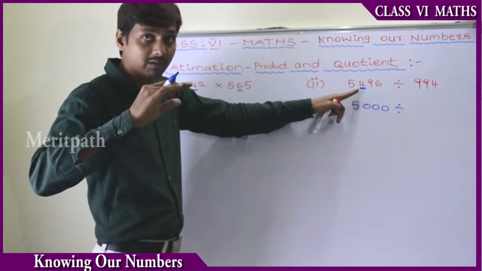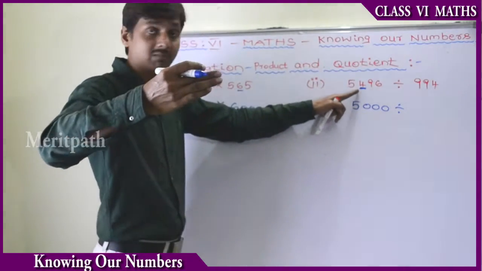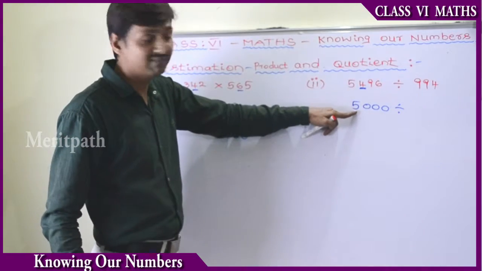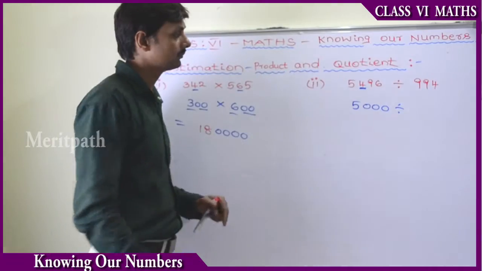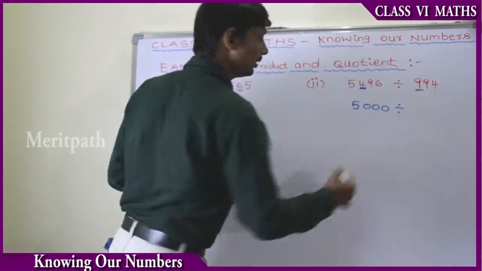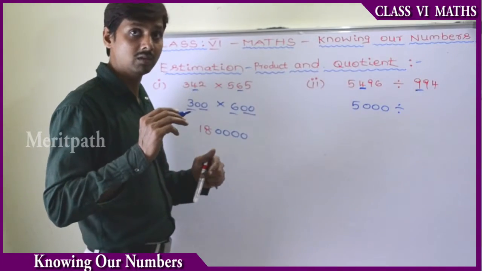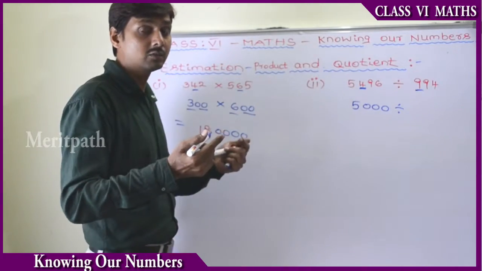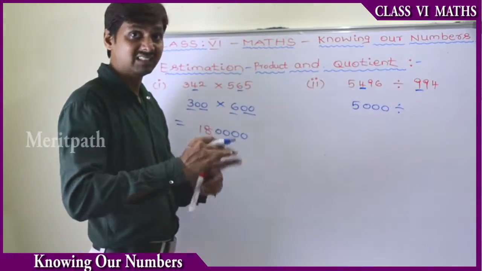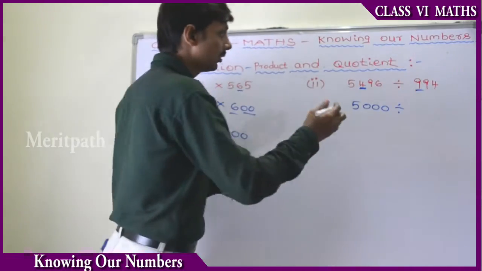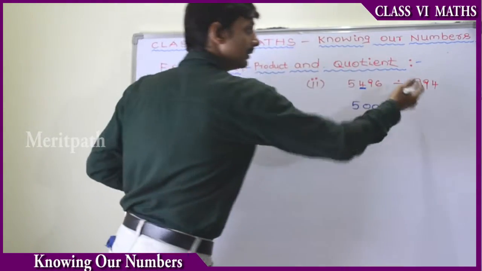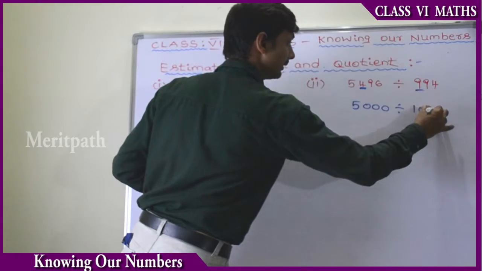If it is 5 or after 5, then we'll go to 6,000. Next, 994: when we round this to hundreds, we'll be getting 1,000, because it's nearest to the thousands. We cannot go back because it becomes 0, so it becomes 1,000.